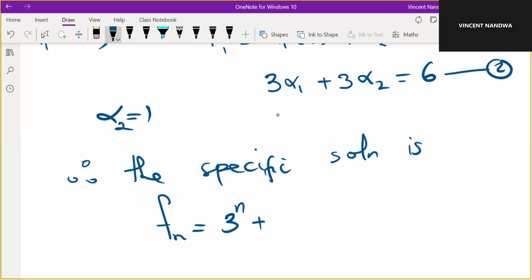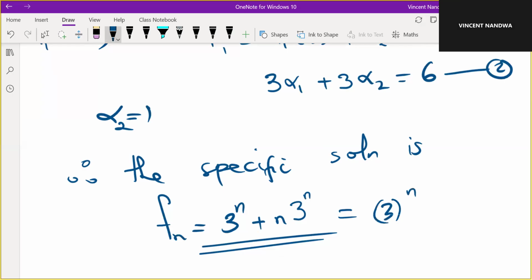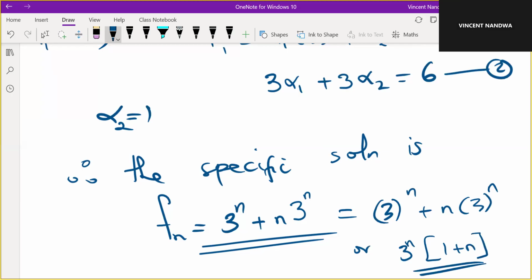So alpha 2 is also 1, so we just have n 3 power n. So this will be the solution. Or we can write this as 3 power n plus n 3 power n, or you can write it as 3 power n times (1 plus n). So that will be the solution for that.